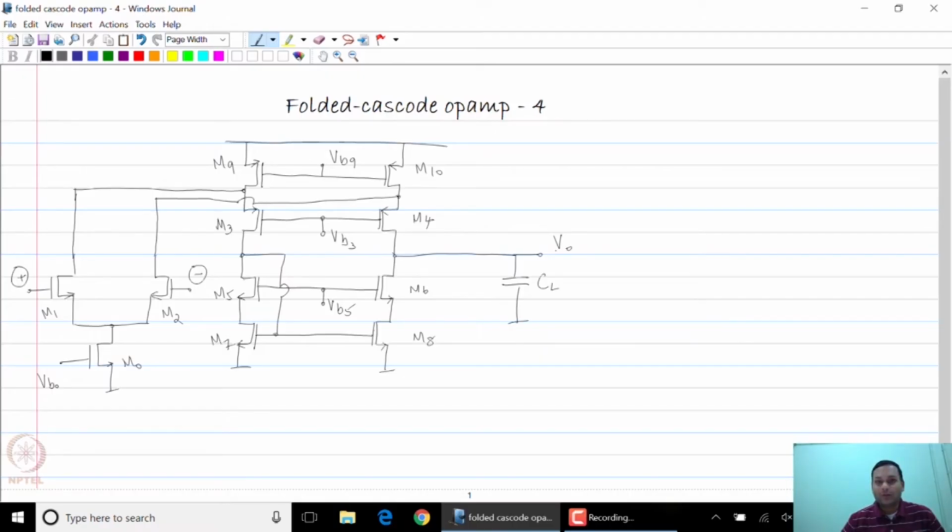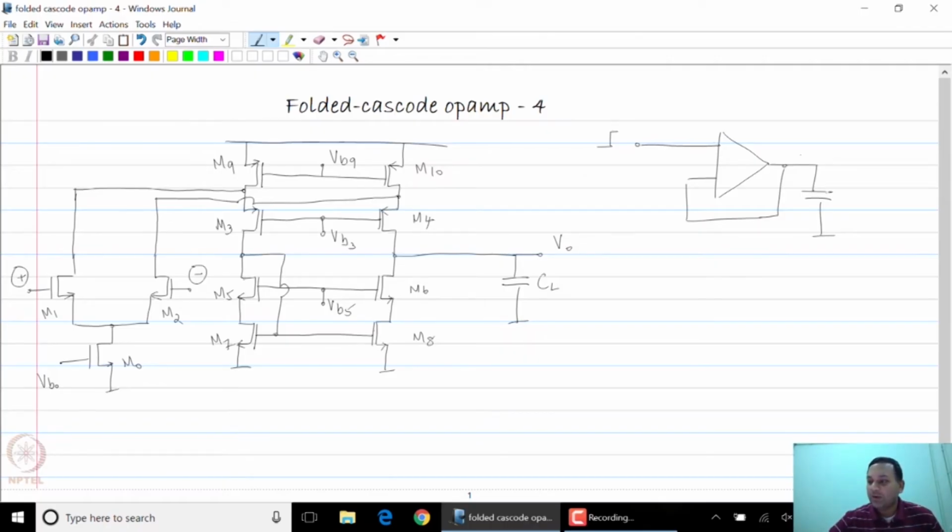To look at the slew rate, let us quickly review what slew rate is. When you are looking at the slew rate of the op-amp, for example, you might be in unity gain feedback and driving a capacitive load, and you apply larger and larger input steps.